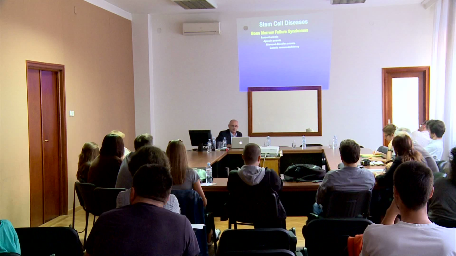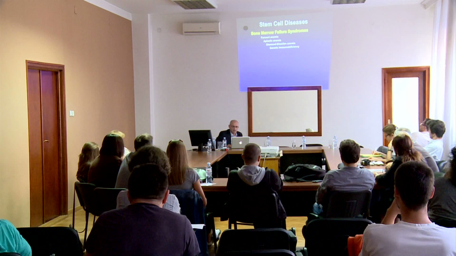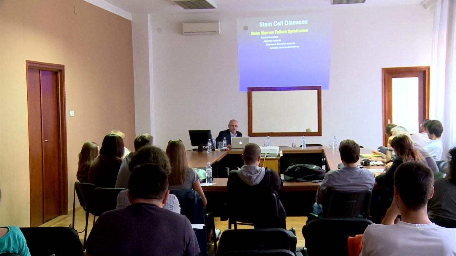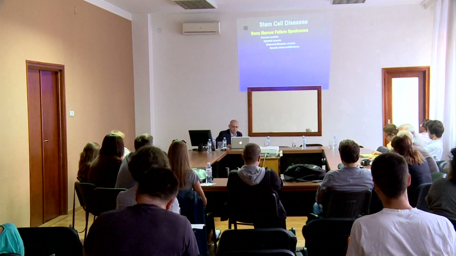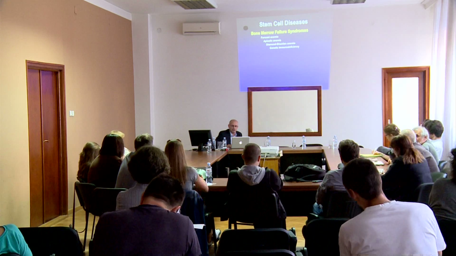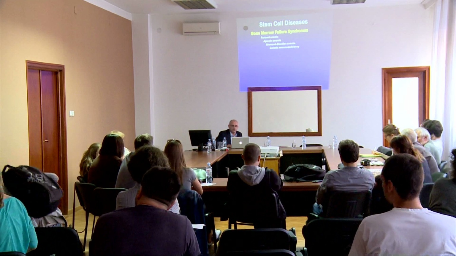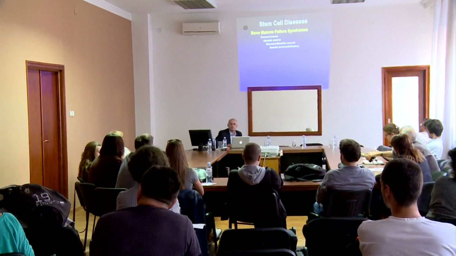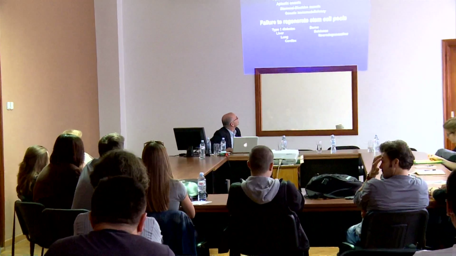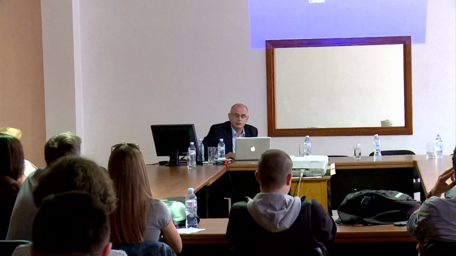Then you have diseases which are, as I mentioned at the beginning on my first slide, when a stem cell doesn't work anymore, or let's say a cell of the human body, and there is no stem cell pool anymore. The most prominent for this is, for instance, type 1 diabetes.